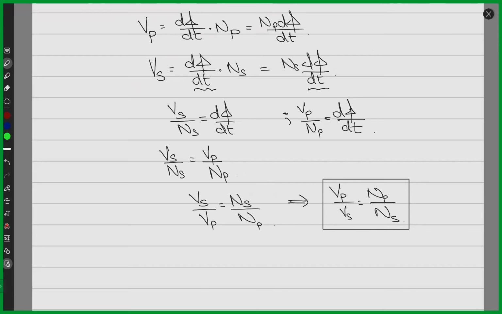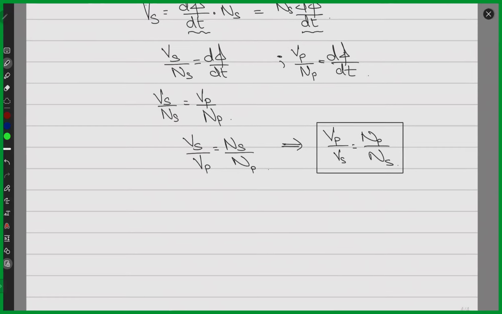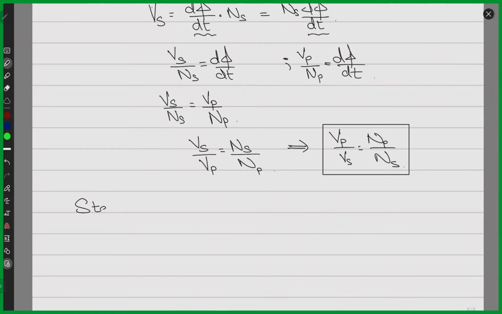Which means that this equation is also telling you that there are two types of transformers, right? There is a step up and there is a step down. The name again says it all. Step up has to increase the voltage, so initially you can have a lower voltage, finally you will have a higher voltage.